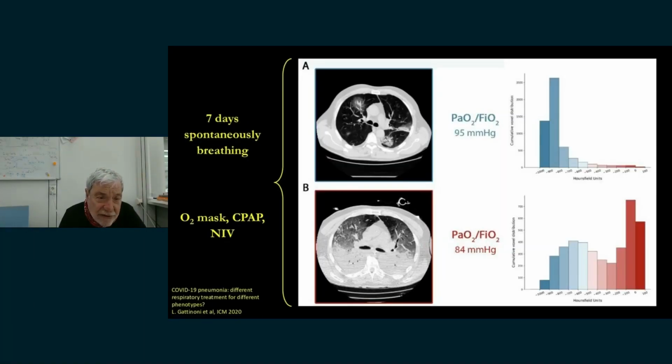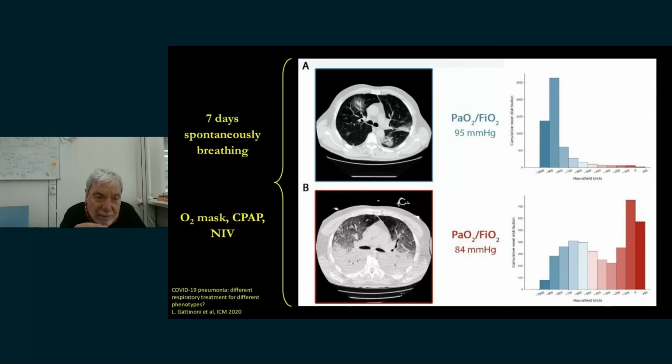This is a friend of mine who died, first disease. Look here, the CT scan, PaO2 95 and FiO2 502. The CT scan was almost near normal. This after 1 week of spontaneous breathing. Look here.